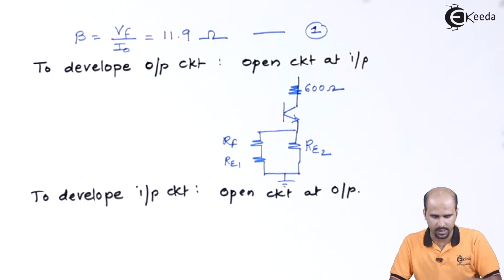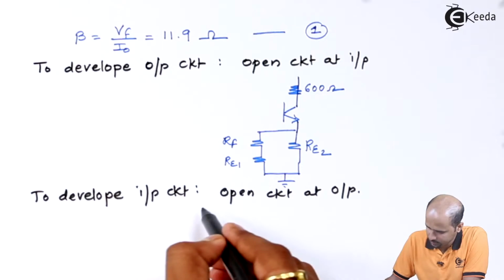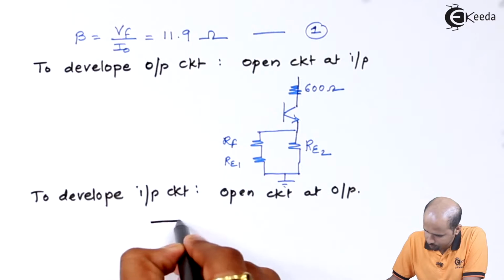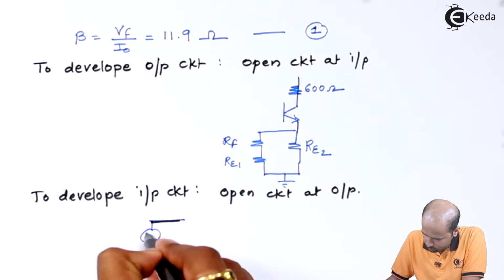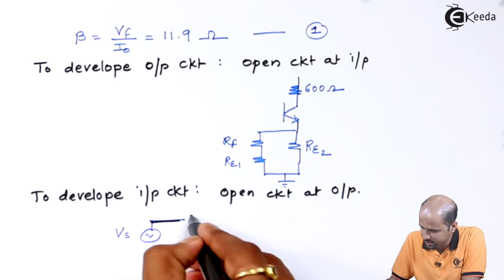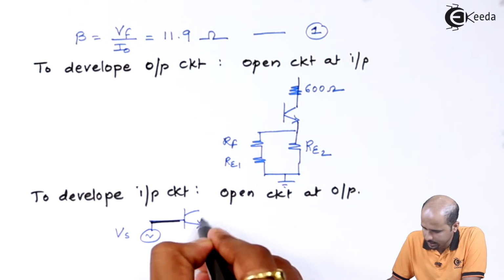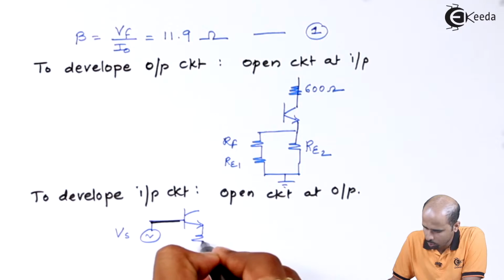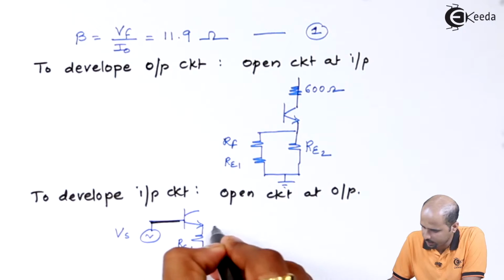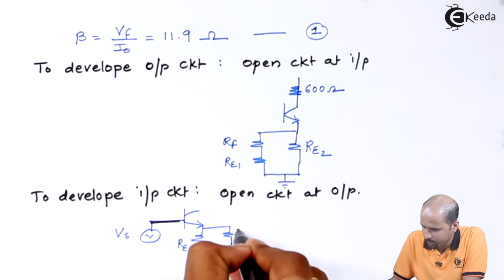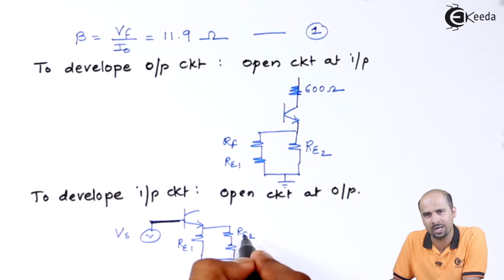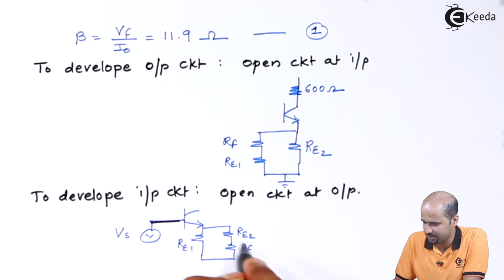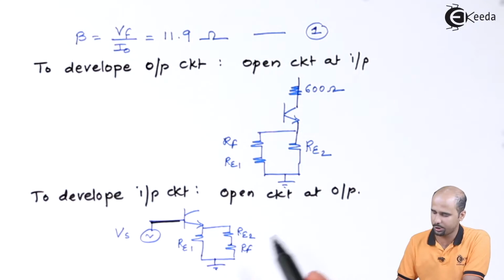So at the input side, this will be your Vs, and at this particular emitter one resistance RE1 will be there, and the parallel combination I will be getting as RE2 and RF. You can draw RF above RE2 or RE2 above RF, that doesn't matter because it is a series connection.